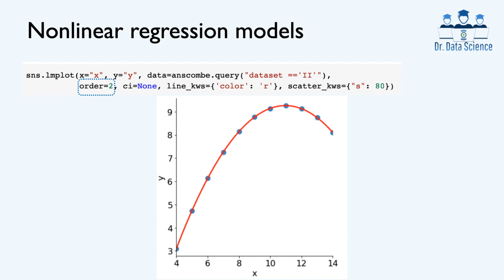And obviously we can specify the color of the line and also the size of these circles for the data points in our scatter plot. So we have a lot of options in terms of customizing these figures. And now, as you can see, this new regression model fits the data very well.